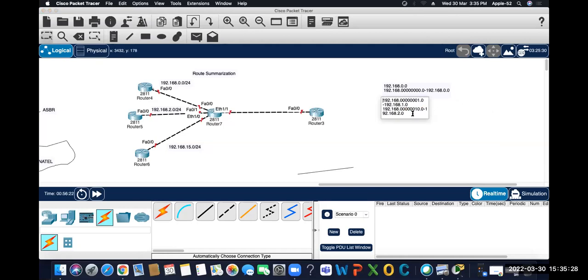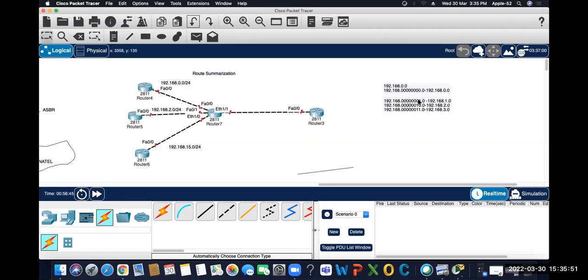Similarly, I can write 192.168.3.0. Yes, I can write in this way.